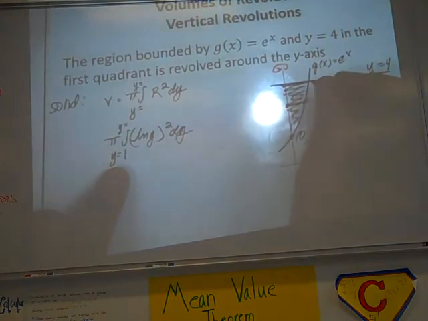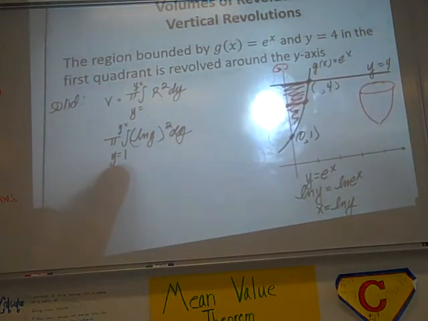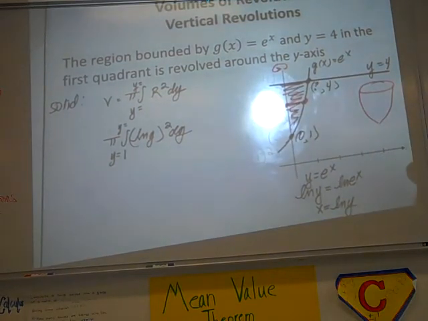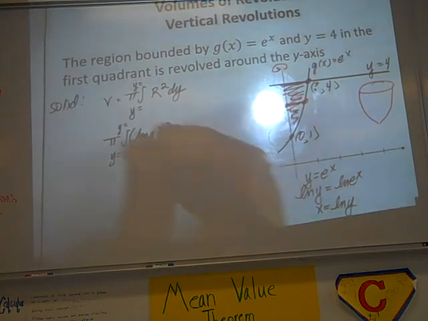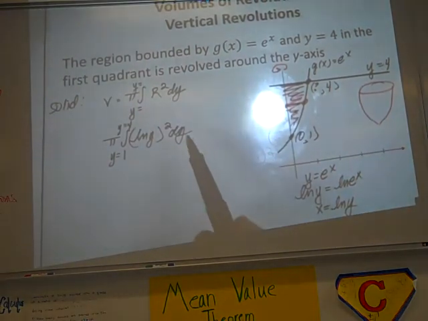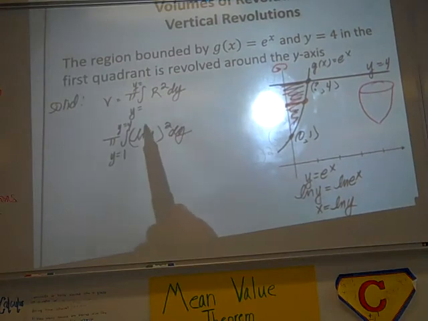The upper limit of integration, well, that's this point over here. And since this point is the intersection of e to the x and y equals 4, I know the y value is equal to 4. I don't know what the x value is, and honestly, because this is a dy integral, I don't even care. And so we would integrate this function from 1 to 4.